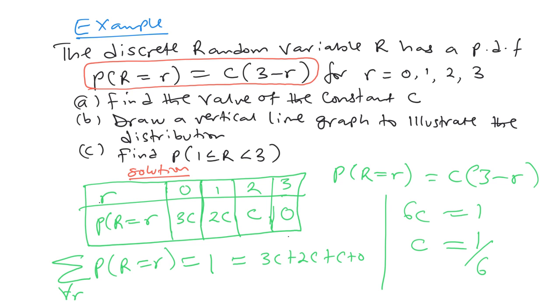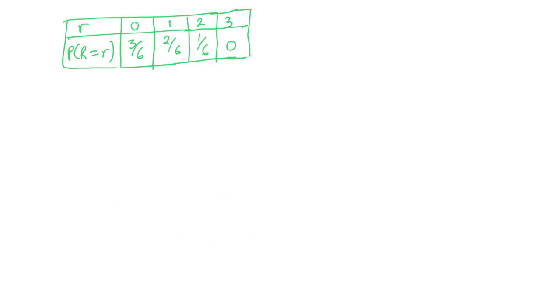Let us draw a vertical line graph to illustrate this distribution. We have the vertical and the horizontal axes. On the vertical axis, we're going to put the probabilities, the probability of R equal to small r.